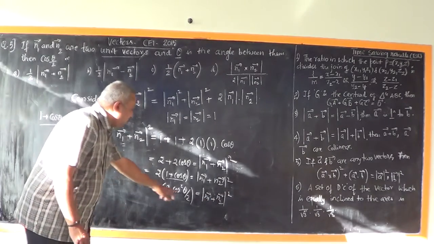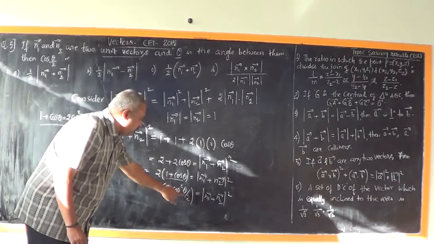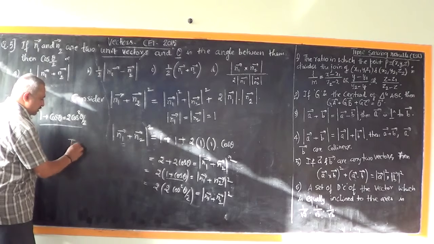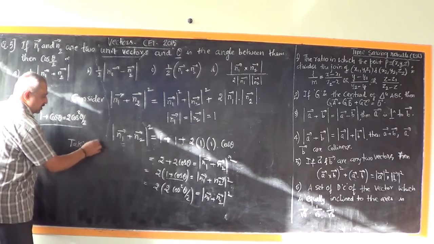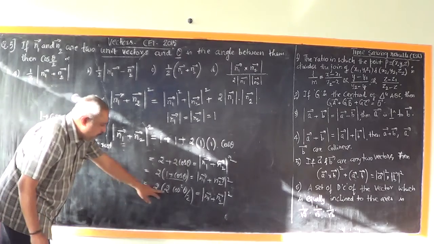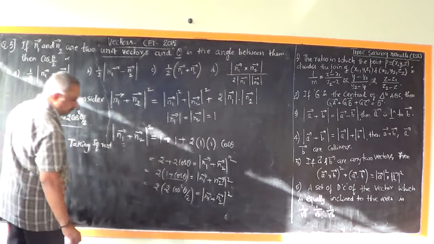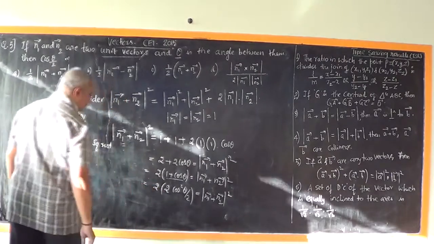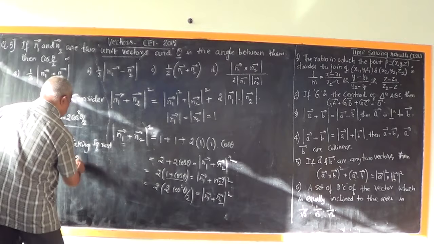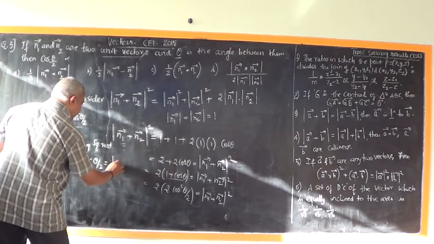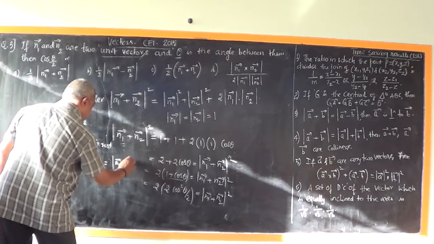If we take the square root on both sides, we will get the value of cos theta by 2. So taking the square root on both sides, 2 into 2 is 4 and the square root of 4 is 2. So this becomes 2 cos theta by 2 is equal to the magnitude of vector n1 plus vector n2.